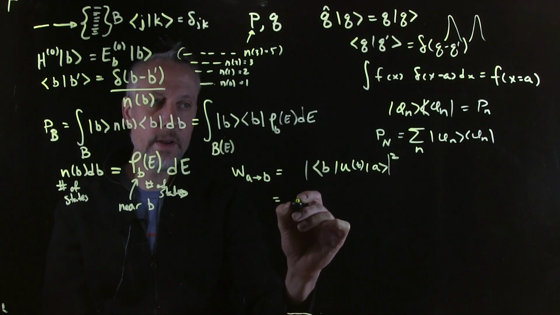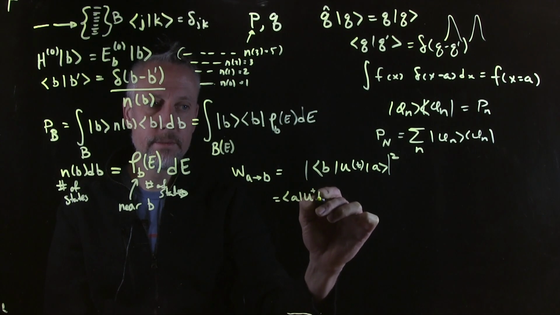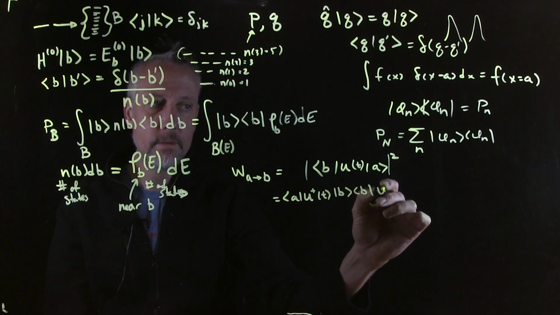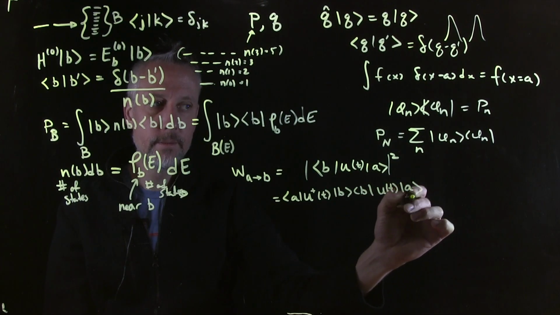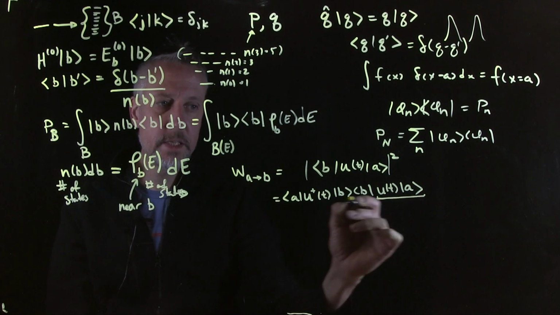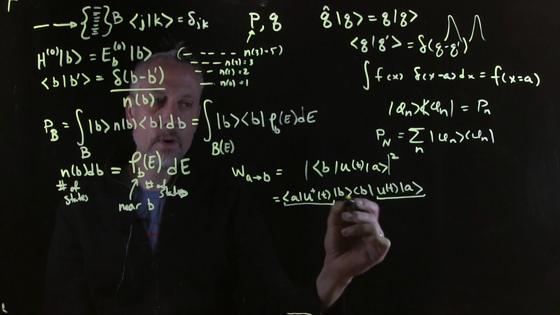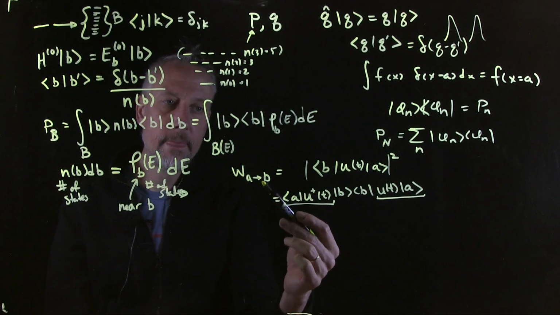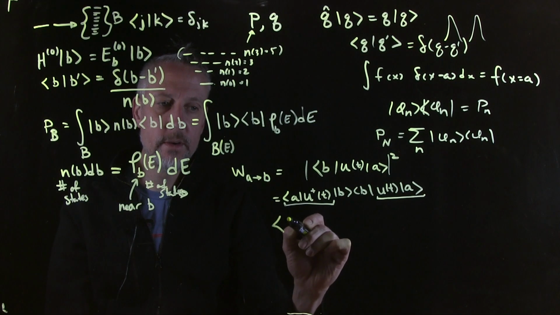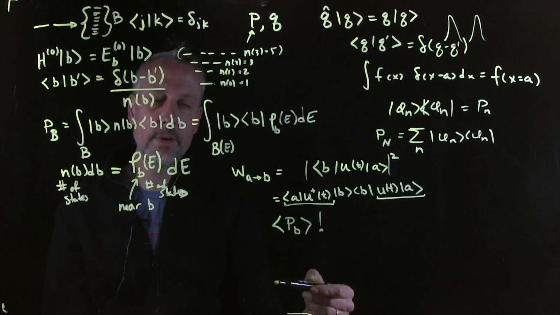So if we do that, what do we have? We flip this around, so we have <A|U†|B><B|U|A>. So what do we see here? We see the state at time t, and it's amazing, but it turns out that this transition probability is nothing other than the expectation value of P_B. That's pretty cool, isn't it?